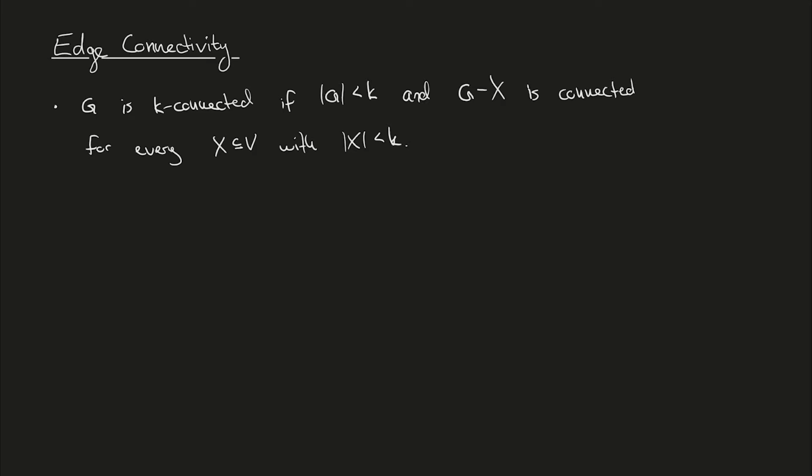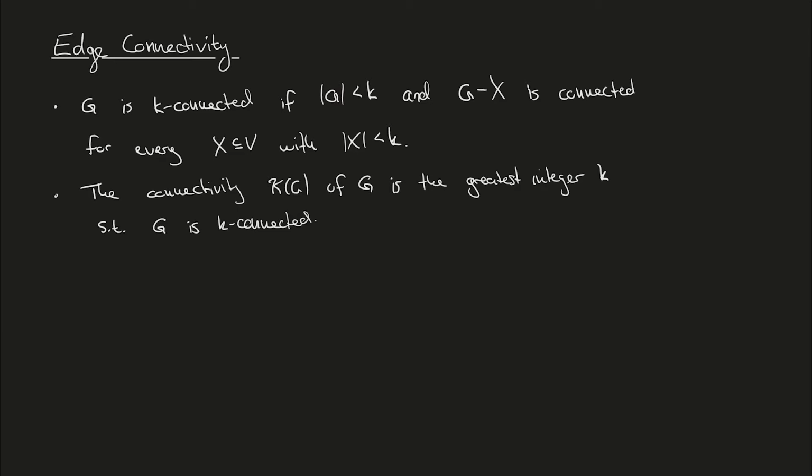Notice that in the previous definition, our graph G could be k-connected for various values of k. So for example, G could be 1-connected, 2-connected, and 3-connected, but not 4-connected. So in practice, we're usually interested in the highest value of k such that G is still k-connected. And this value is called the connectivity of G. The connectivity, which we write kappa of G, is the greatest integer k such that G is k-connected.